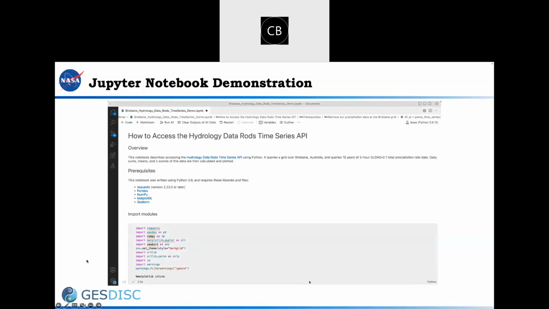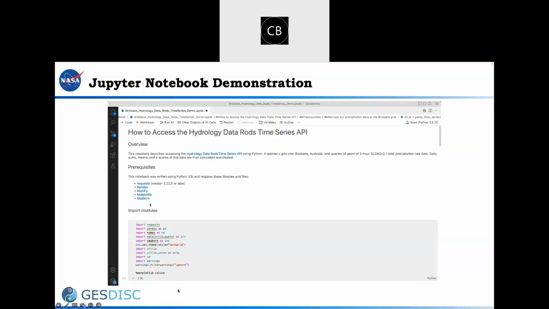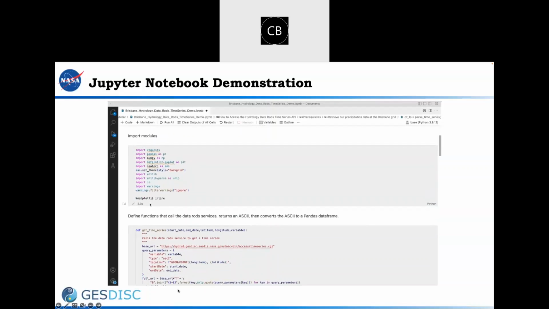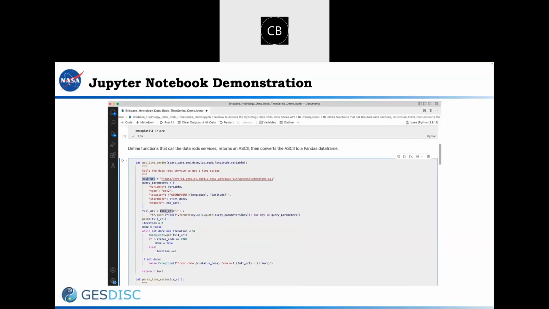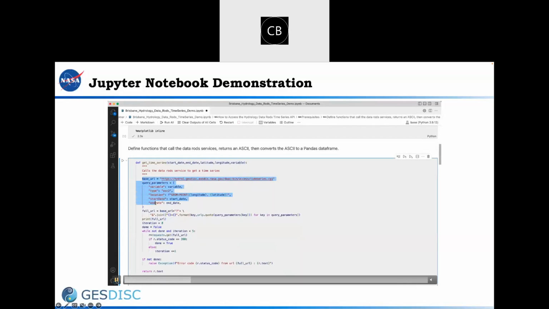So the first thing I do is import my modules, which is in this first cell below. And then I'm going to define two different functions, which call that data rods service, return the data in an ASCII format, and then put them into a pandas data frame. So this first function I have here is called getTimeSeries. I pass in the variable that I want, the data type that I want.